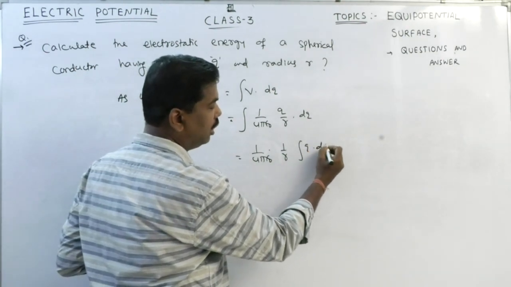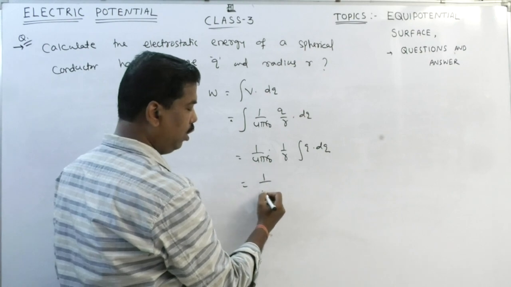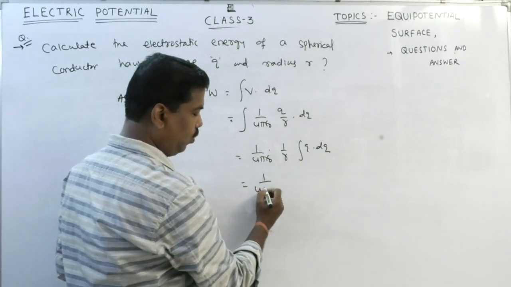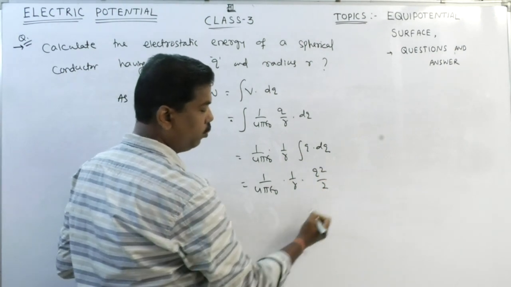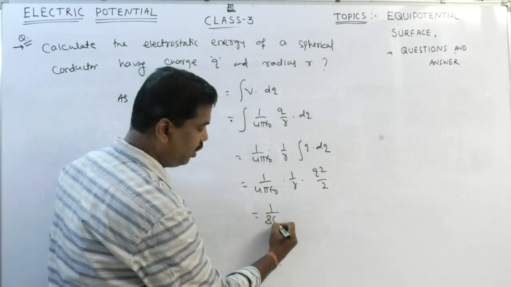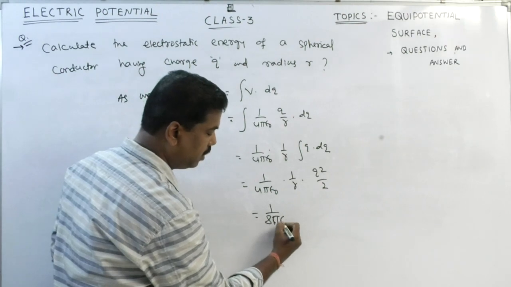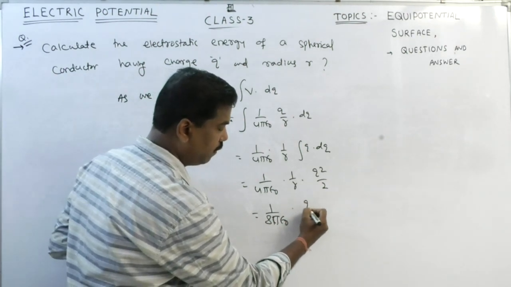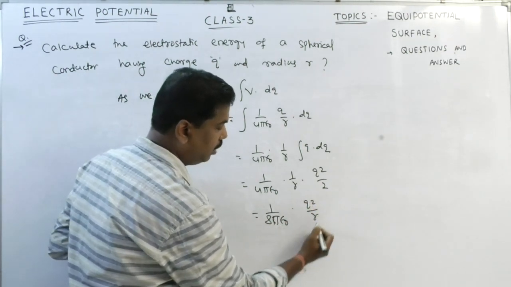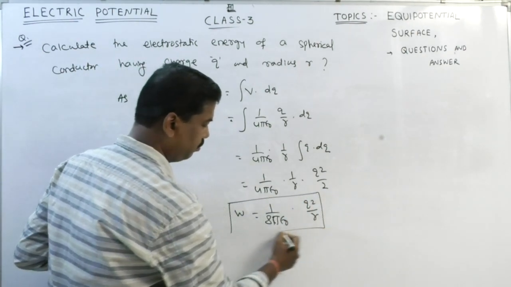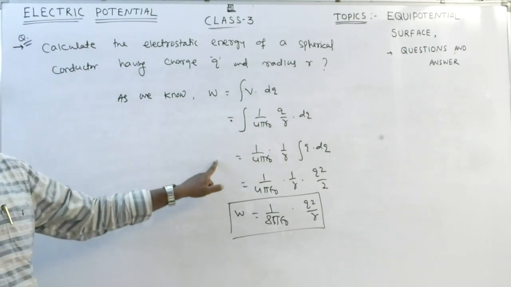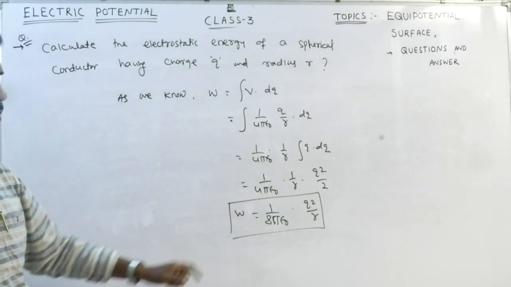Hence, integrating q dq, it is found to be q square by 2, so 1 by 4 pi epsilon 0, 1 by r, q square by 2, or it can be written as 1 by 8 pi epsilon 0 q square by r. Clear?